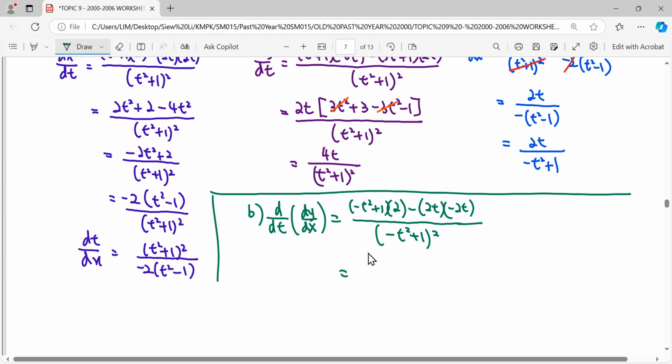So from here we expand to simplify some more. Here we have negative 2t squared plus 2. Negative negative becomes positive 4t squared.